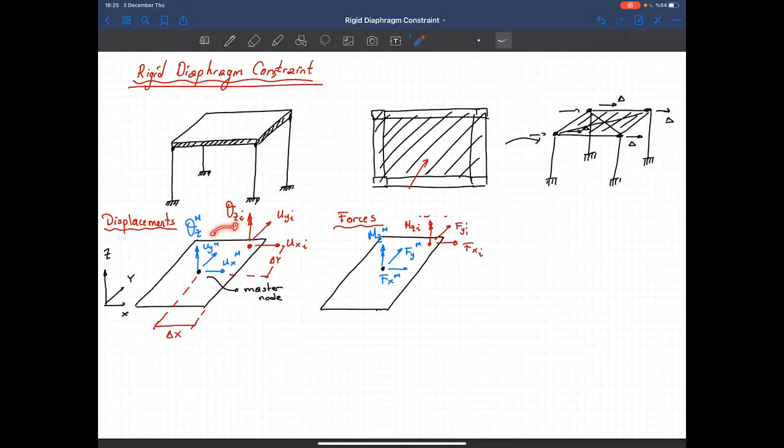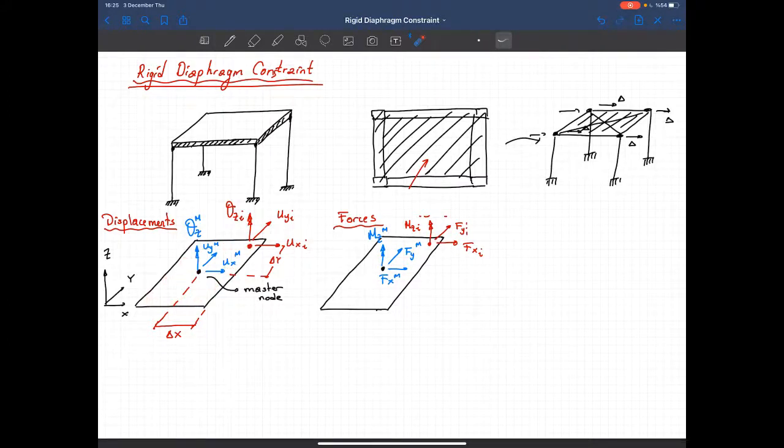If I can write a relationship in between, instead of writing all these degrees of freedom and writing the stiffness coefficients for all of them, I can just represent the behavior of this whole slab with 3 degrees of freedom defined at the master node. This not only gives me a definition for a rigid diaphragm, but also helps me to reduce the number of degrees of freedom in my structural model.